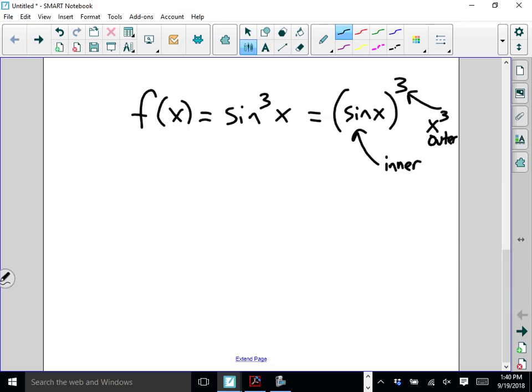Again, if I wanted to write this as a composition, I could write g of x equals sine x, and f of x equals x cubed. Then f of g of x would be sine of x to the third power.